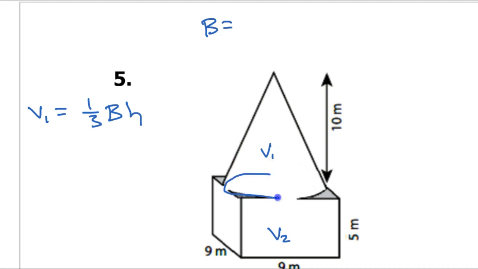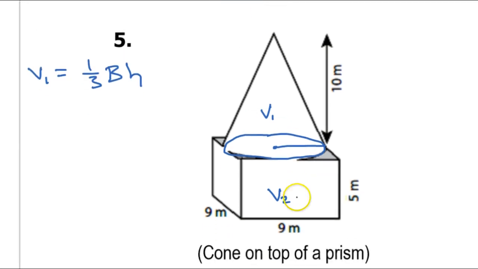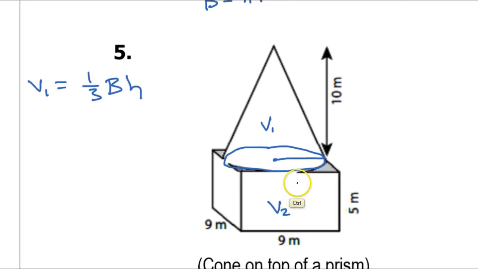Alright, here's the base right here. Okay, what I'm going to need, so the area of a circle, of course, is pi r squared. So this is the formula that I will use to find b. But I need the radius. Any ideas? The radius is going to be 4.5.